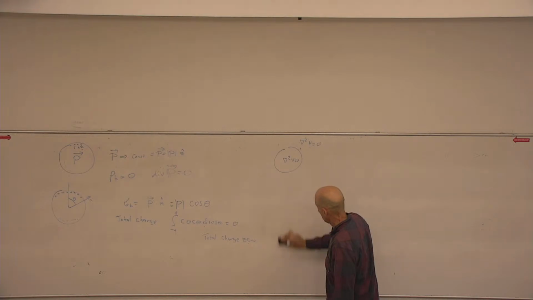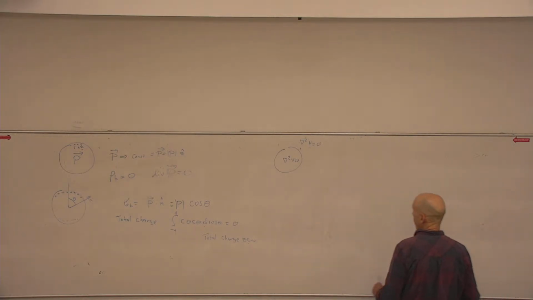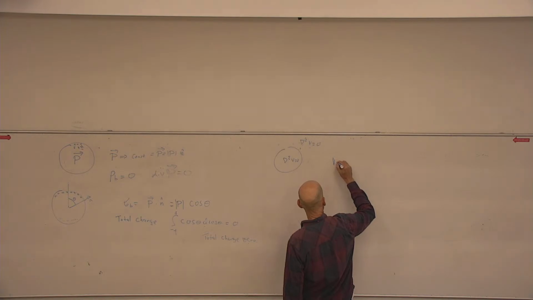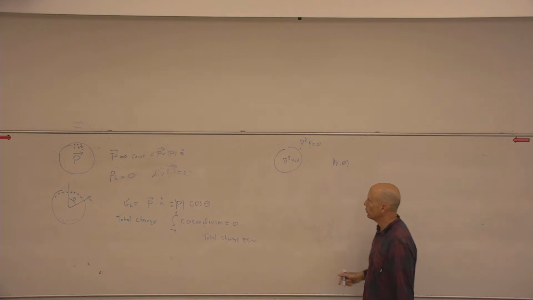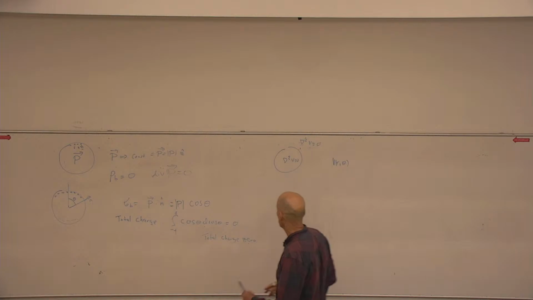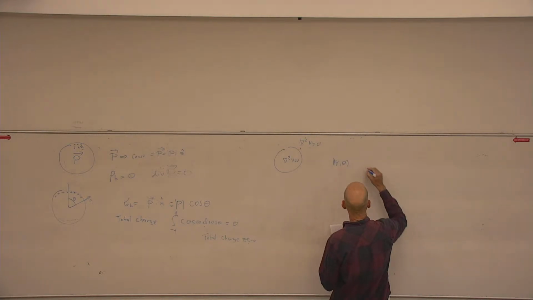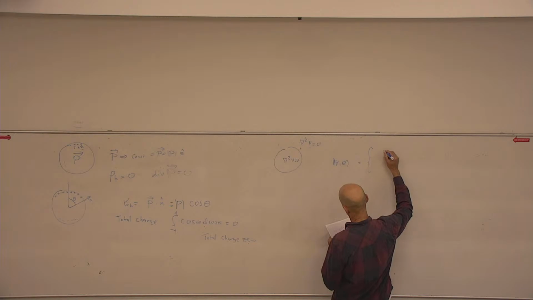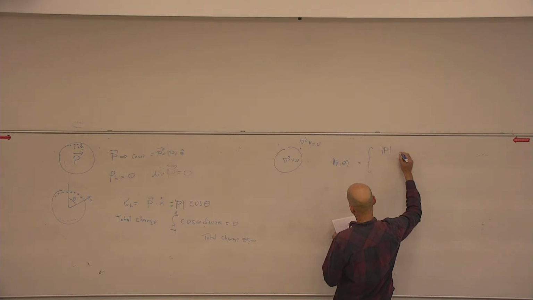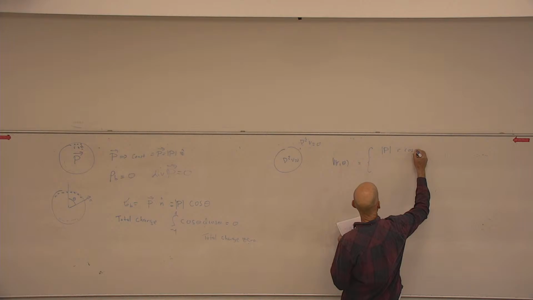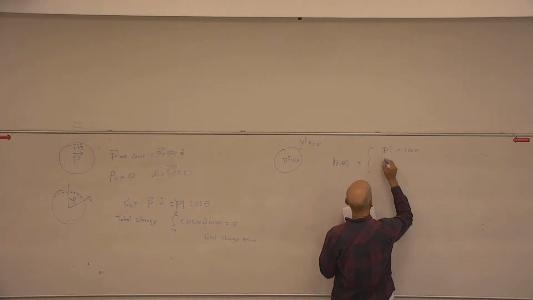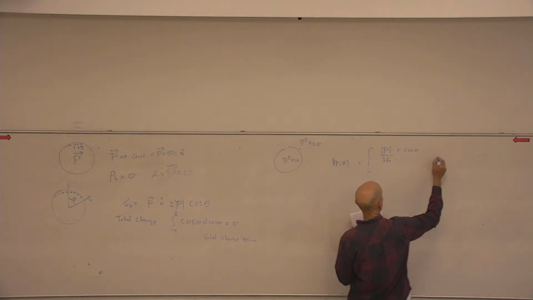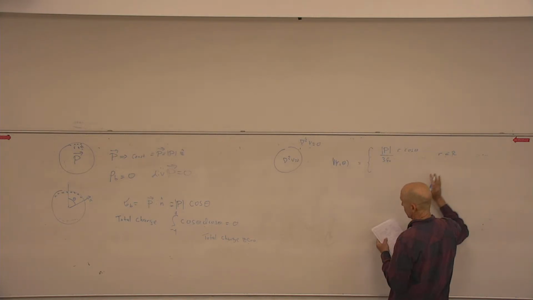So, okay, what is the potential? I'm not solving, I'm just giving the answer now. Obviously it does not depend on phi, the angle, just from symmetry. So V(r, theta) is equal to the following: P r cosine theta over 3 epsilon 0, and this is for r less than R, inside the ball.